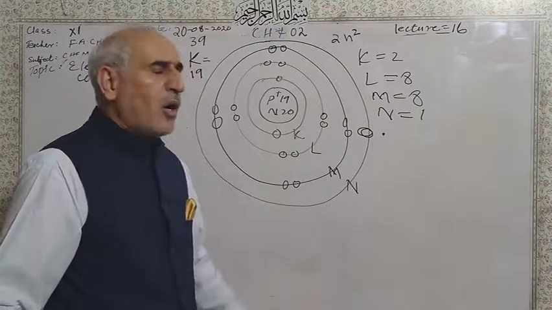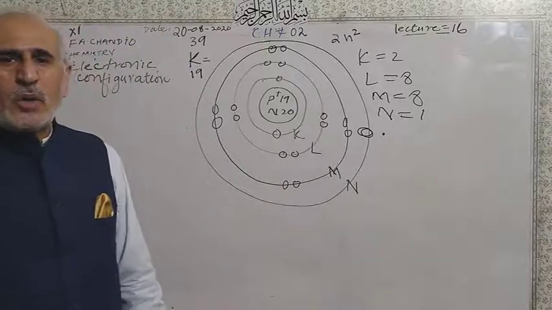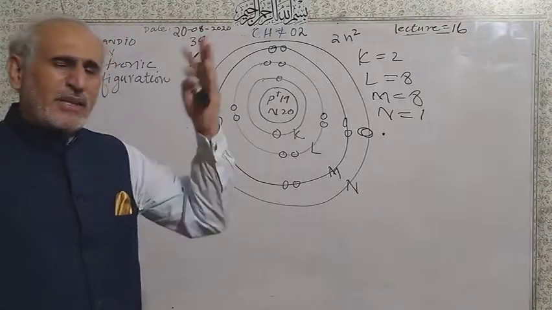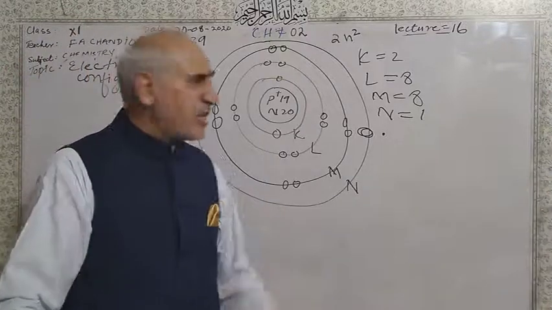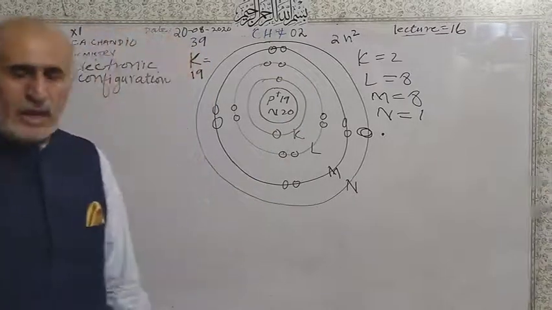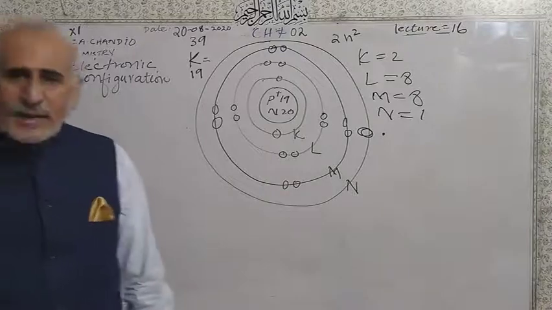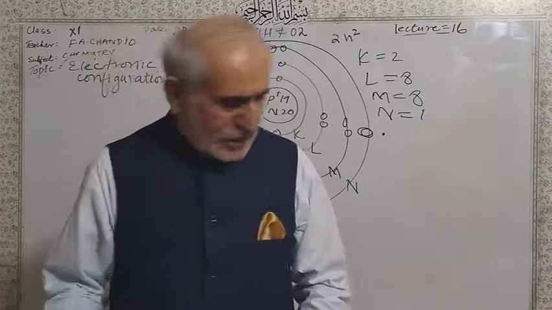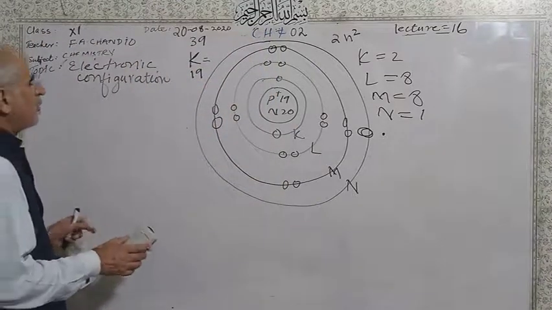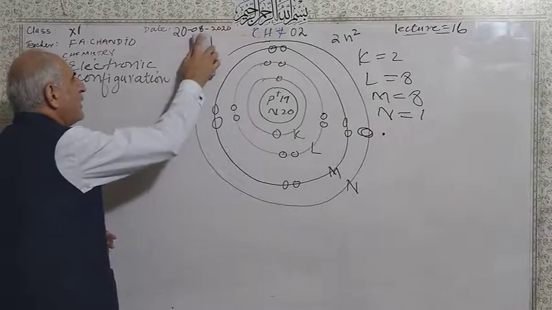This is somehow an explanation. There are many others, calcium also, iron, where you will find discrepancies if you fill K shell, L shell, M shell. That is why the modern electronic configuration was introduced. I am going to omit what you did in grade 9.